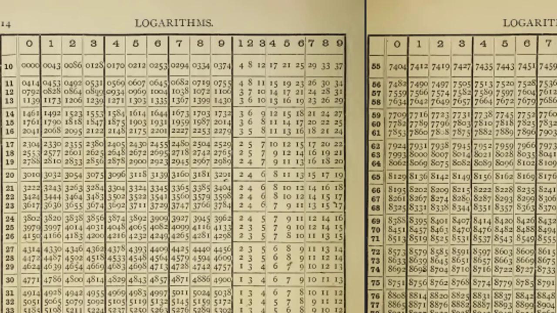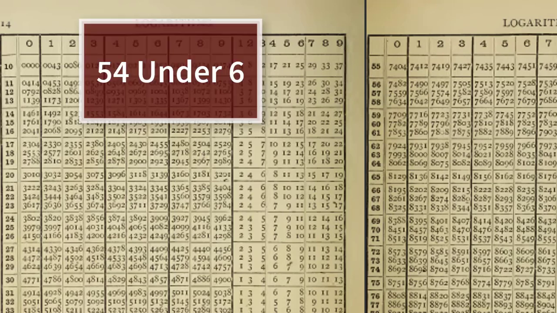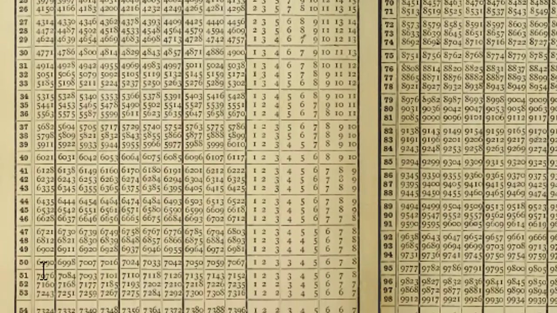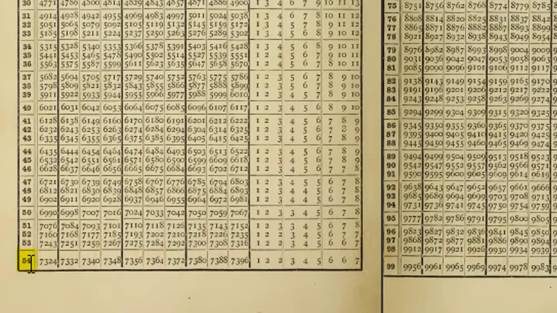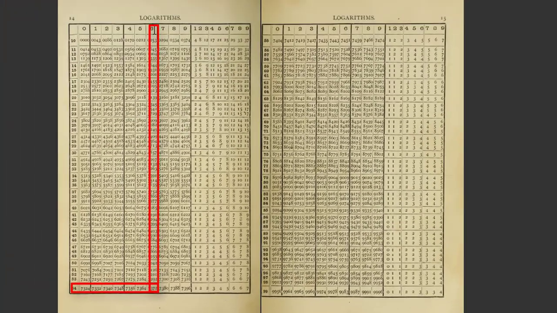So let's look for the logarithm of 54 under 6. We need to go to the number 54. This is 54 right here. Then we need to move to under 6. You can trace it up to see whether you are under 6.